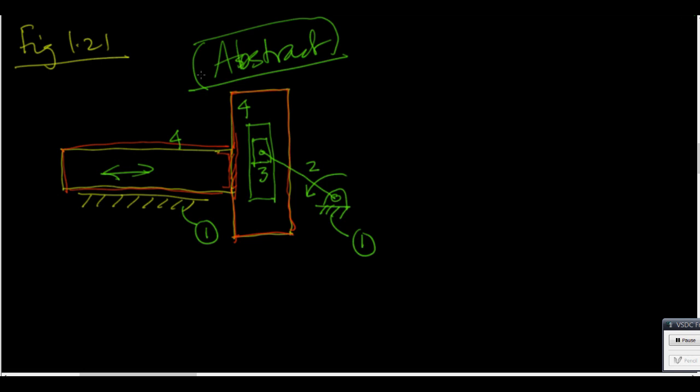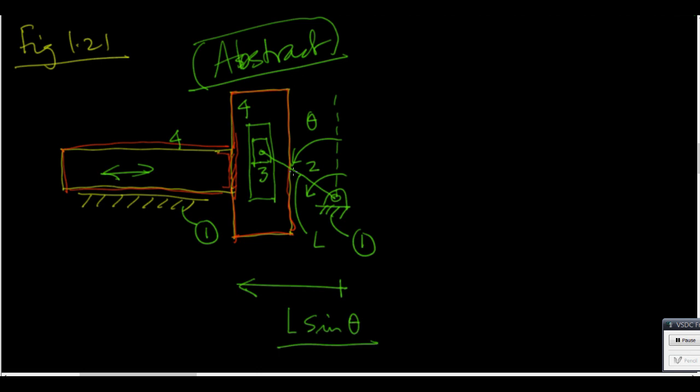All right? But now, one thing you can see is that if this angle is theta, and if this length is L, then relative to this, the displacement is L sine theta.